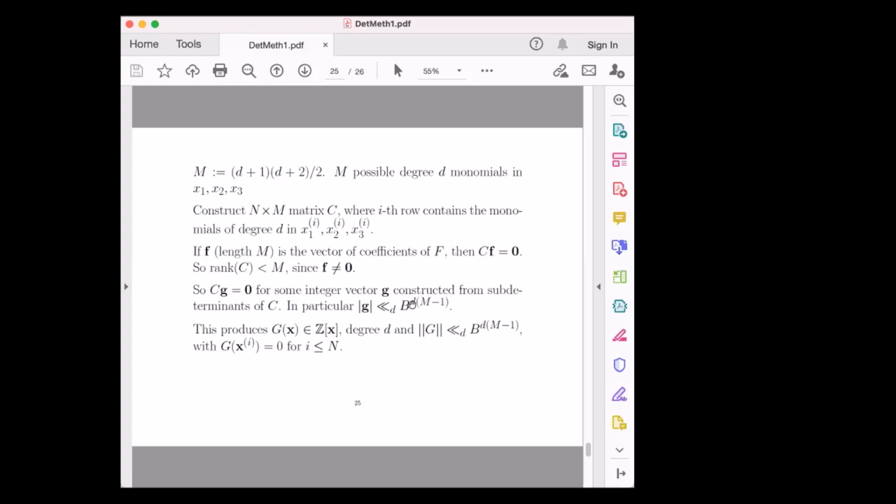B to the d, that's the size of the individual entries of capital C. M minus 1, because you're building it up out of appropriate subdeterminants of C, typically M minus 1 by M minus 1 determinants. But of course, if CG is equal to 0, that produces a form capital G of degree d, of height at most this, that's the bound that we have here, but with the property that G of xi is 0 for all of these xi's.